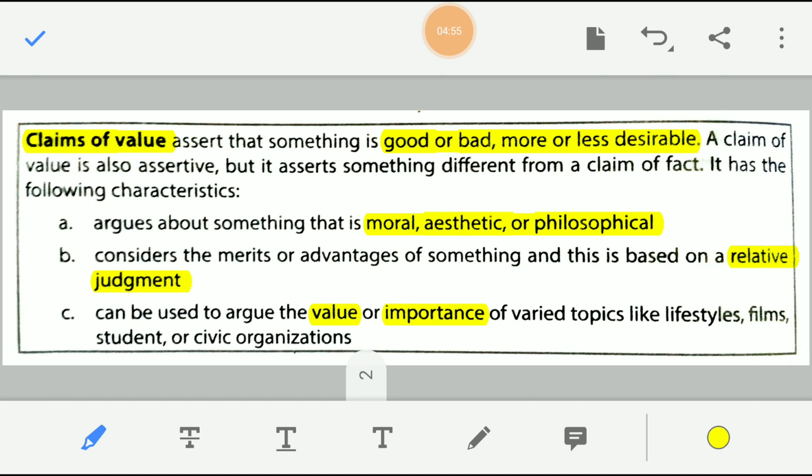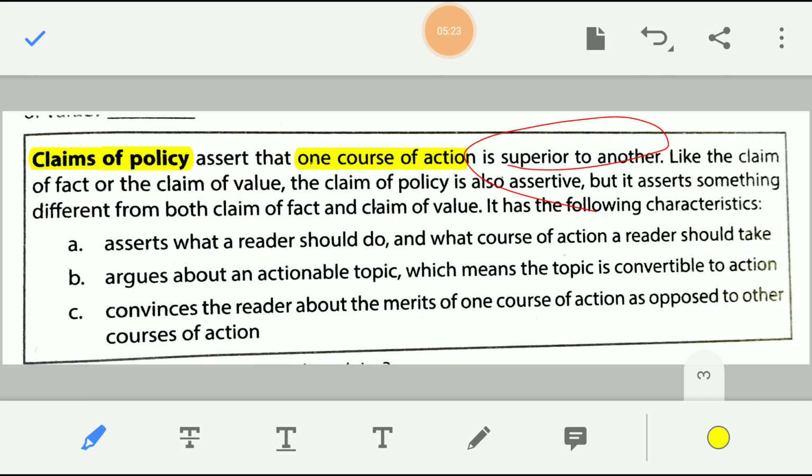There are families who are going on dates on the weekend, samantalang yung iba, naniniwala naman sila na hindi naman kailangan lumalabas palagi ang pamilya kasi magastos. So, it's a claim of value. Hindi mo pwedeng i-check sa bawat pamilya kung ano ba ang tama kasi iba-iba ang paniniwala.